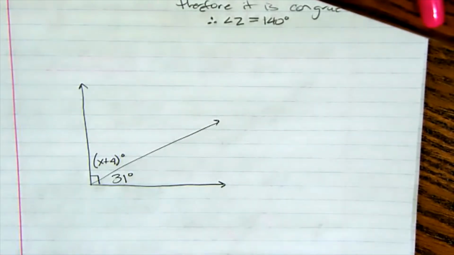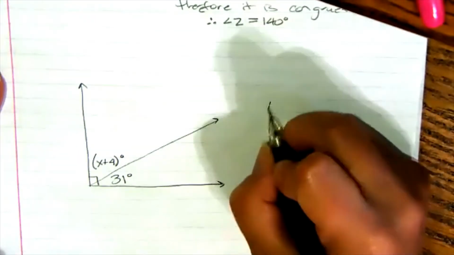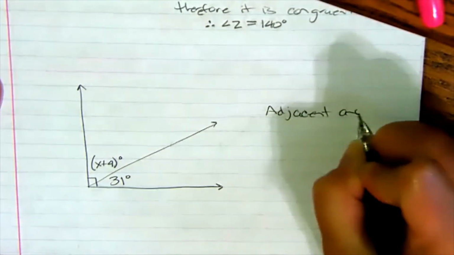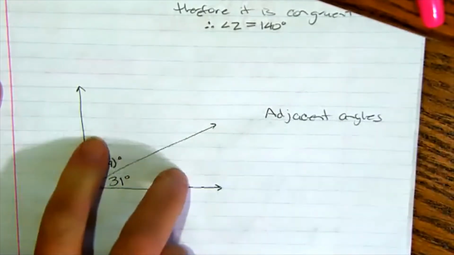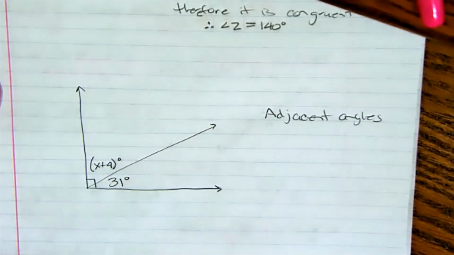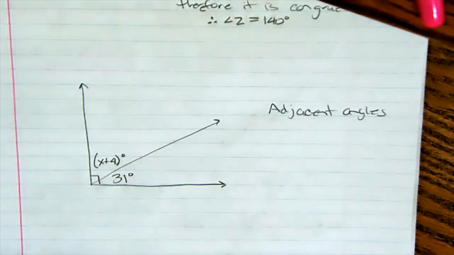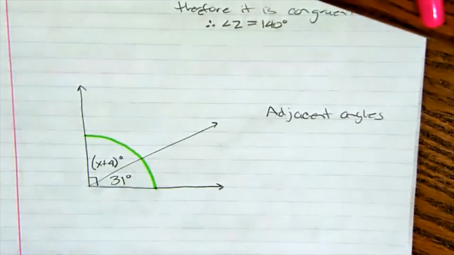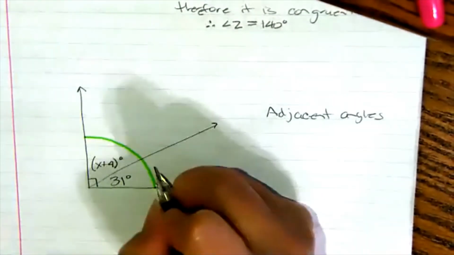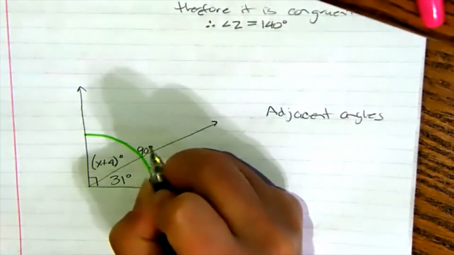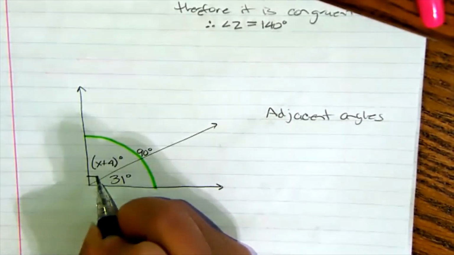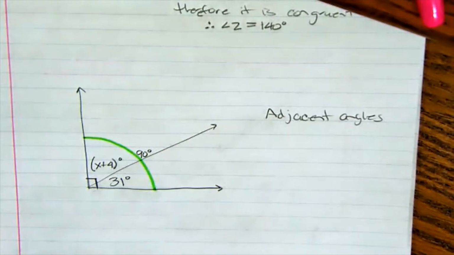Yes, we can. So these are adjacent angles. They're next to each other. And we know that these adjacent angles, this whole thing here, is 90 degrees, because this little box right here told us so.